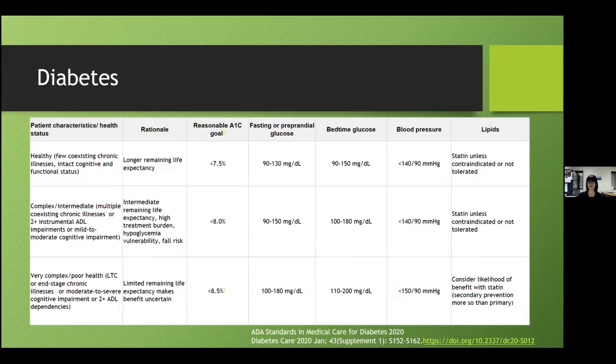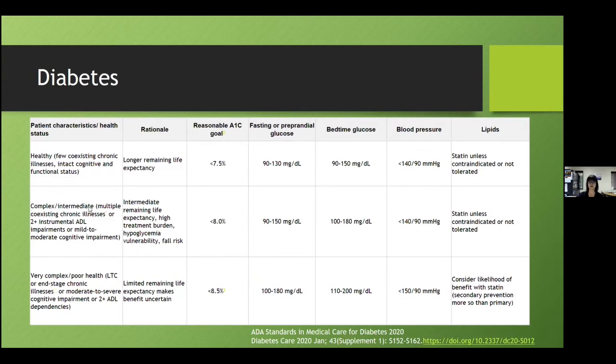And so they recommend in healthy older adults with a longer, kind of vague a little bit, life expectancy, that we're targeting fasting blood sugars in the 90 to 130 range. That's an A1C less than 7.5%. So really pretty aggressive, pretty comparable to a younger adult. As people get more complex, they get more chronic illnesses, they have more functional impairments in their ADLs or IADLs, that level goes up.